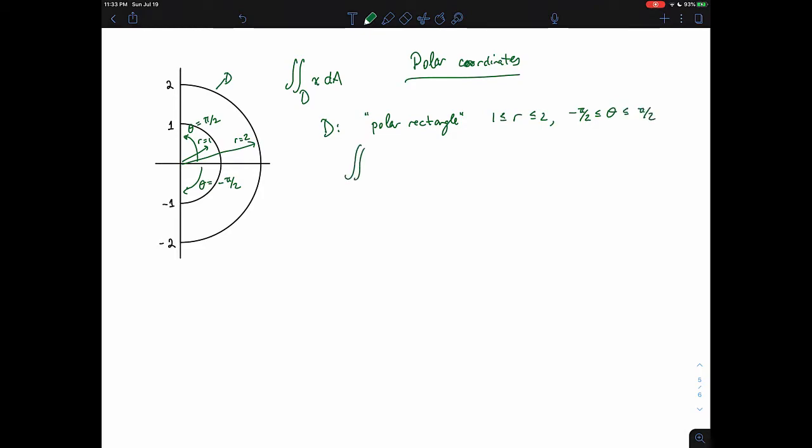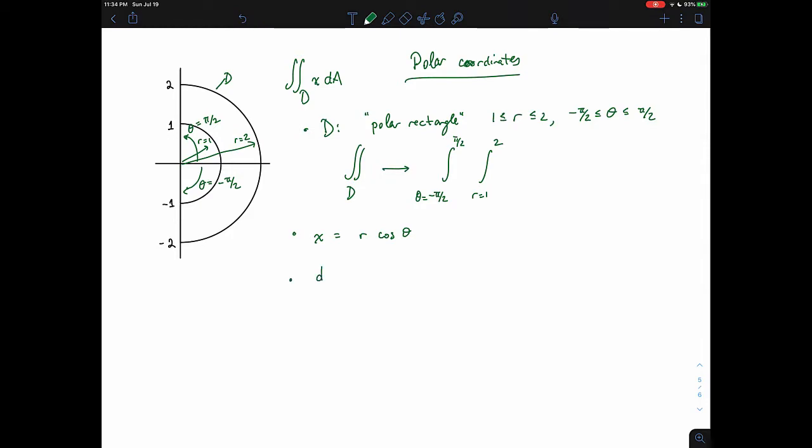So a double integral over D becomes an iterated integral in either order. Let's put theta on the outside and r on the inside, but we could do this either way. The function we're looking at, x, is r cosine theta.